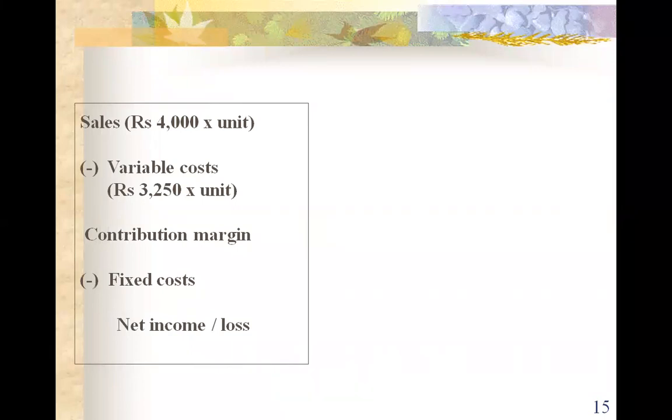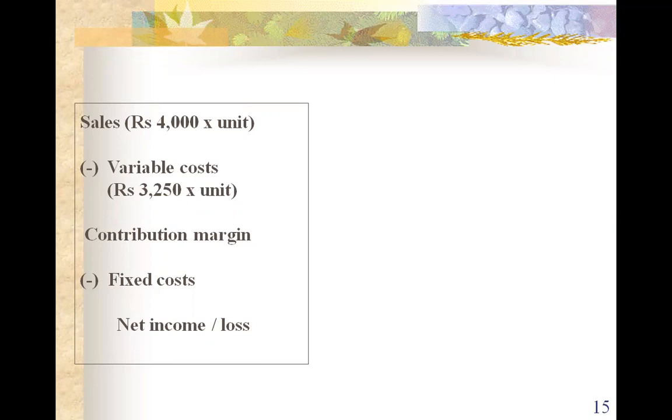Normally, here is how we calculate the net income or net loss. See, sales minus variable cost, then we'll get the contribution margin. Then from the contribution margin we'll deduct the fixed cost, then we'll get the net income or net loss.